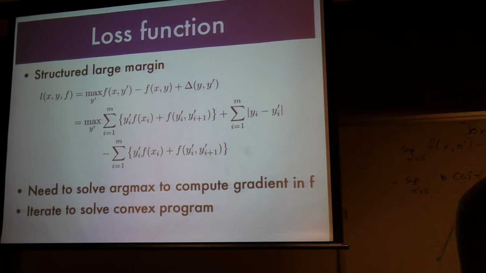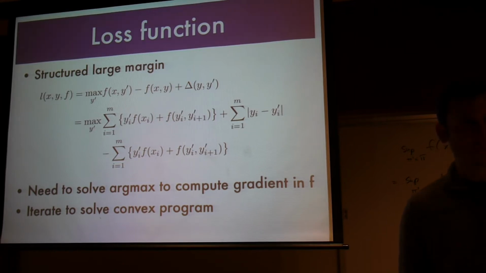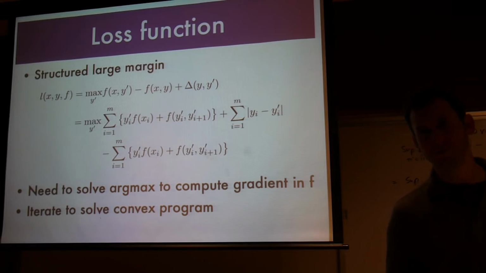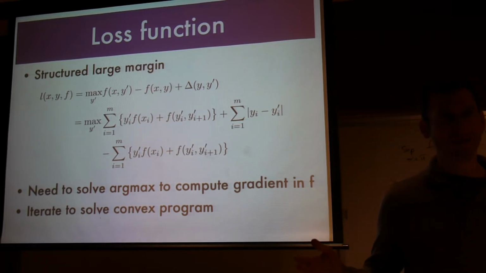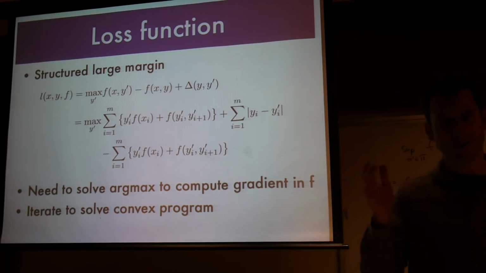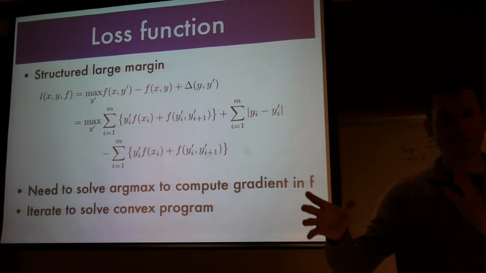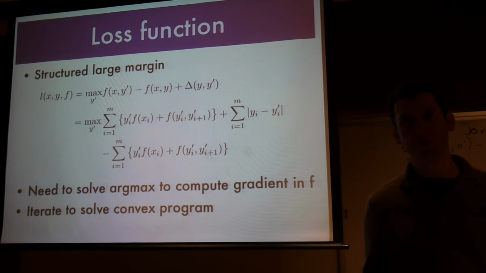Now there are lots of extensions. And by the way, this has been really successful, and a lot of people have gotten best paper awards by essentially using this procedure in their context. So for instance, you can use this for face detection. And if you know that there's at most one face in an entire image, then rather than looking at each window in isolation, you look at all the windows and you pick the best one.